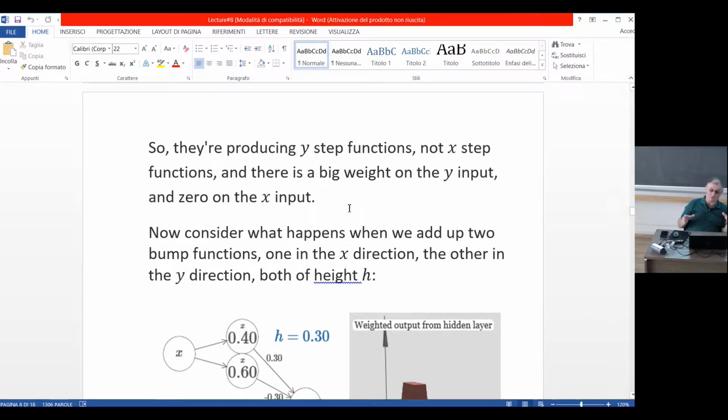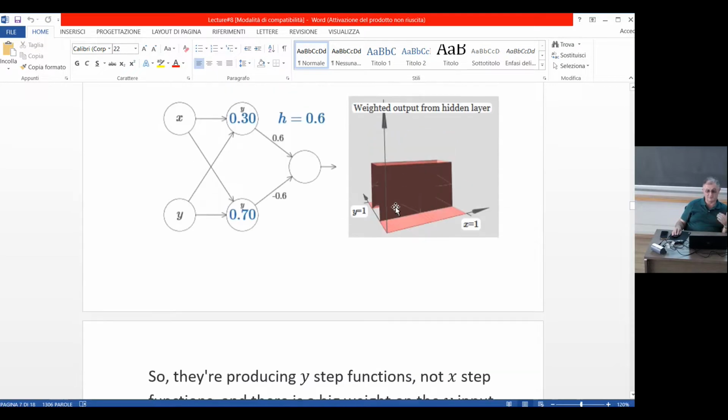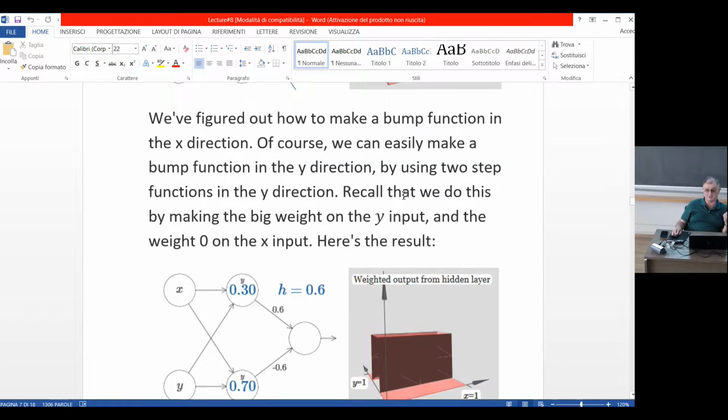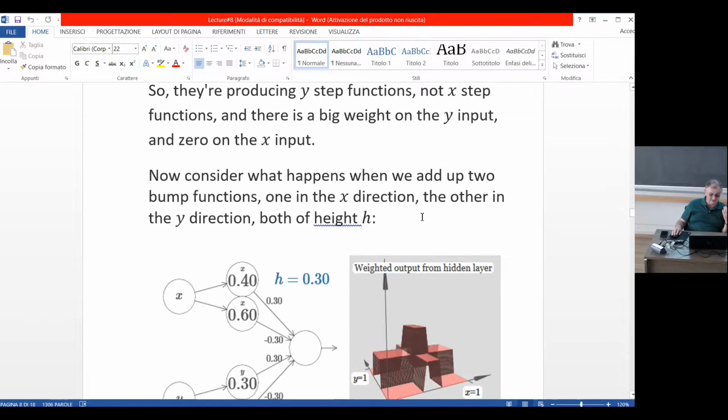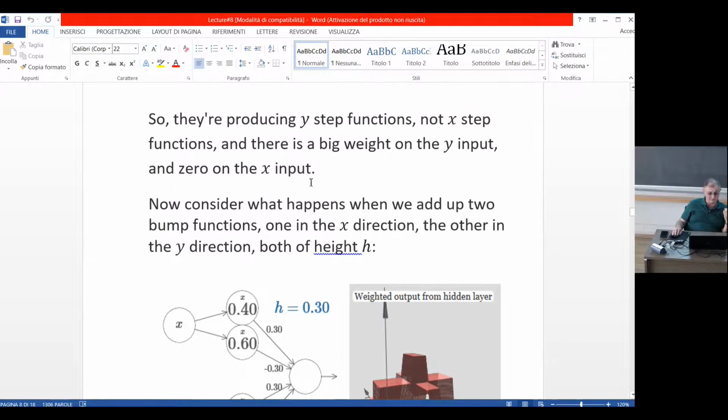Now we should combine both directions, x and y. And what happens? The following happens.